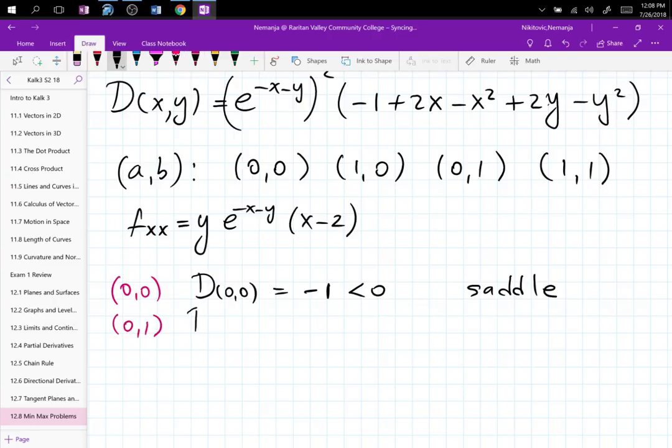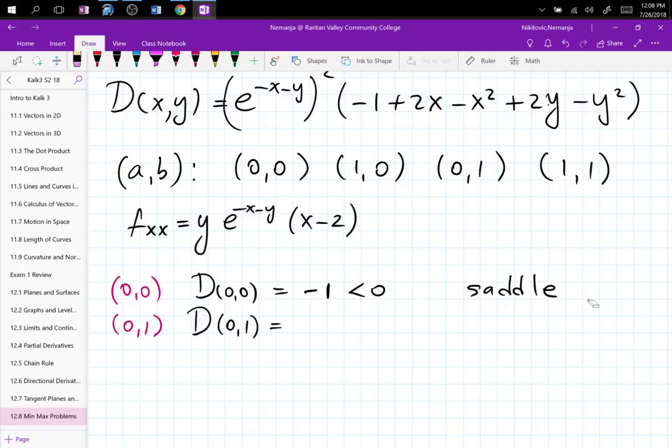So now we have D of (0, 1). Whatever order you do this in, doesn't matter. So now your y is 1. And everything with x will die. Now look, you're going to get e to the negative 1, which is 1 over e, and that's still positive. The first term is always positive, so I am not going to look at it at all.